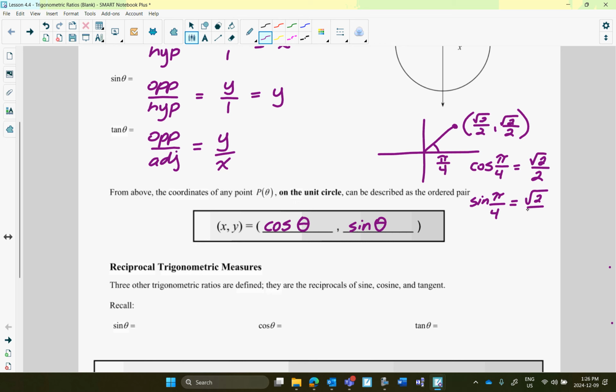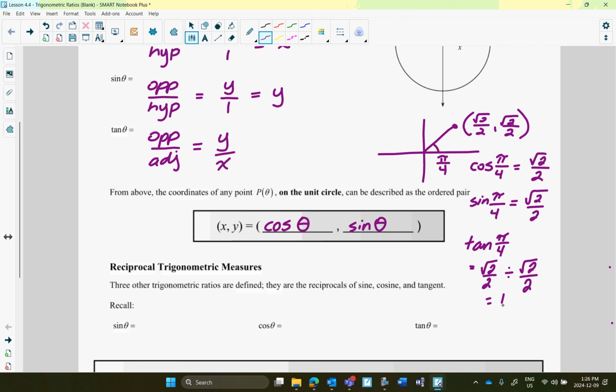Same thing. And the tan of pi over 4 will be the y value, root 2 over 2, divided by the x value, which is also root 2 over 2, and anything divided by itself is 1.